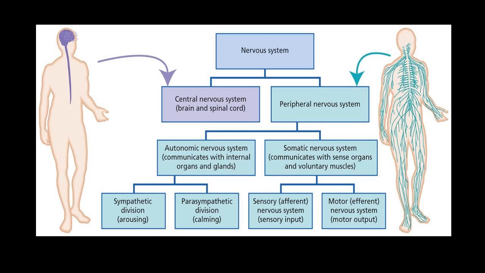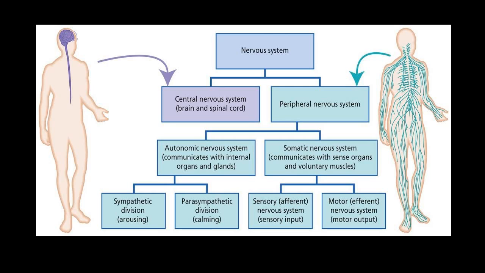And then within the PNS, within the motor neurons, we have the somatic nervous system and the autonomic nervous system. So the somatic nervous system is related to the body, the skeletal muscles and the joints, and it controls voluntary movements by activating the skeletal muscles.